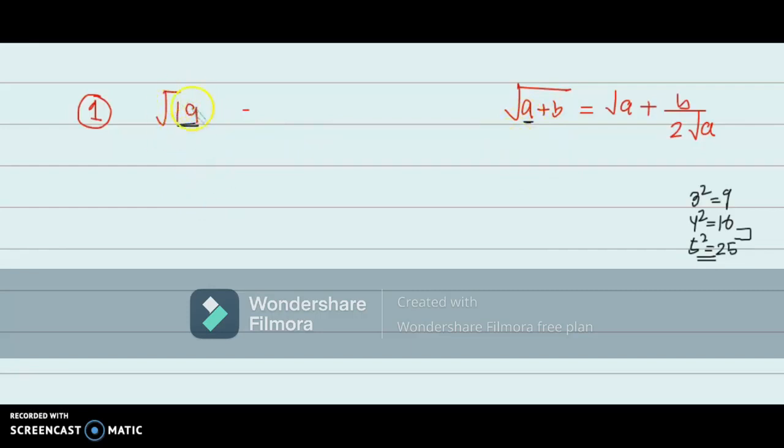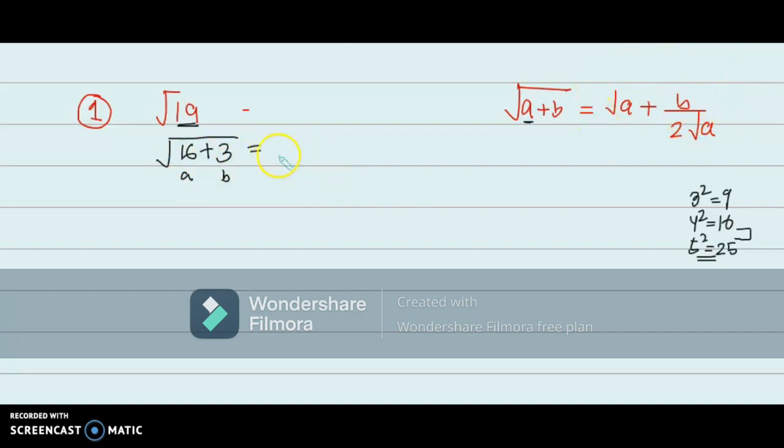So let us find a number which is a perfect square as well as close to 19. We can easily say that number is 16, because 16 is a perfect square, its square root is 4, and if you add 3 to 16 then it becomes 19. So we have here 16 as a and 3 as b. Now plug in the values in this formula and you will get the answer.